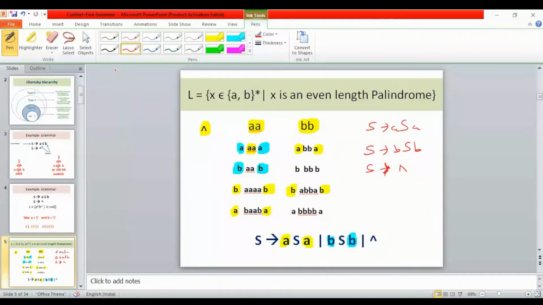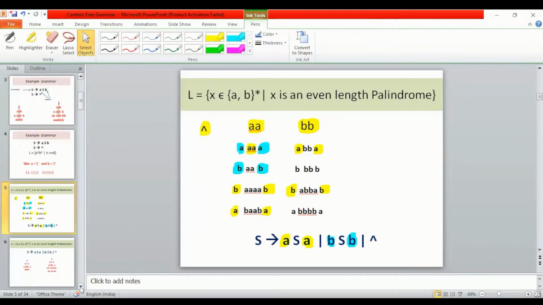We have one non-terminal, the starting symbol of the grammar, and two terminal symbols, A and B. So using this simple grammar, we can derive any even length palindrome. If I want to get only null, I can directly use the rule S gives null. I hope it is clear. Yes, do you have any query in this second example?